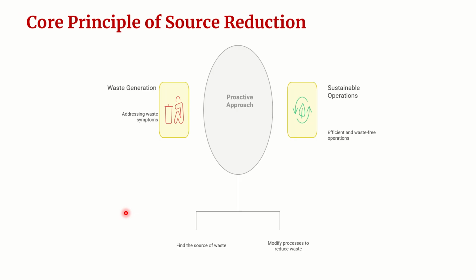So what is the core principle of source reduction? It addresses the root cause of any waste, not just the symptoms. It is a proactive approach which finds the source of waste and, based on that, modifies the process to reduce the waste in order to achieve sustainable operations.